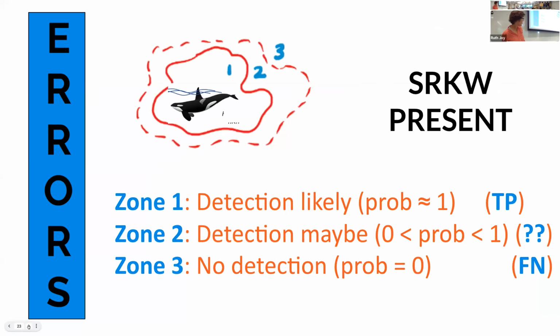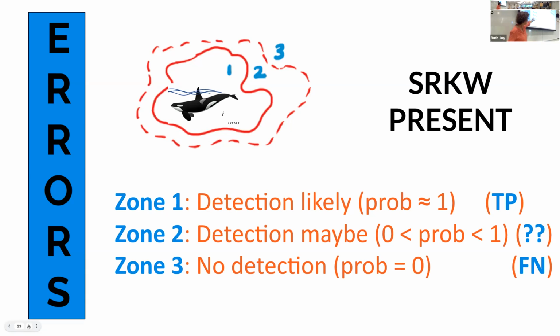And so one of the challenges that I know DFO has addressed is trying to understand that envelope around a southern resident killer whale. So here I've just got a schematic of imaginary zone 1, 2, and 3. Zone 1, your detection is likely. Southern resident killer whales don't always vocalize, so it's not equal to 1, but there's some higher detection probability.